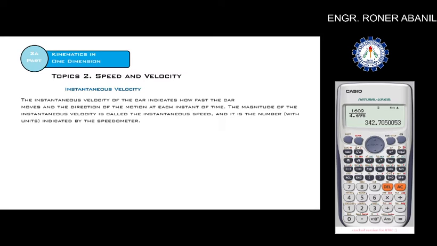The magnitude of the instantaneous velocity is called the instantaneous speed. It is the number with units. So, ito yung makikita natin doon sa ating mga speedometer. Yung speedometer natin, ang nababasa niya is instantaneous velocity.